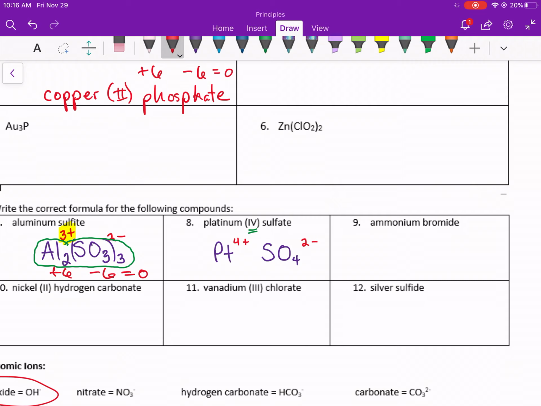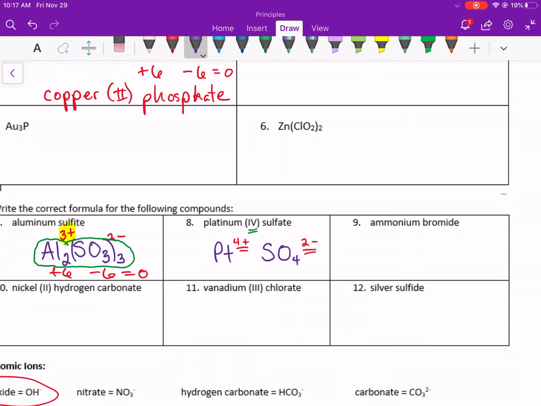Okay. So then what we have to do is think about least common multiple again. So what's the least common multiple of 4 and 2? So it's 4, right? So we don't need to have any more platinums because it's already +4. But I need to get to -4 with my sulfate. So I'm going to need how many of those? -2 times what is -4?